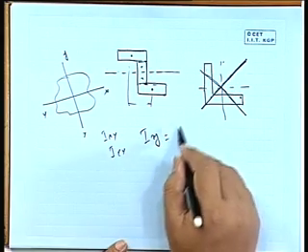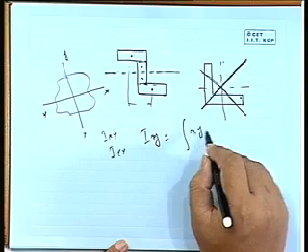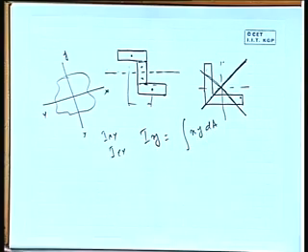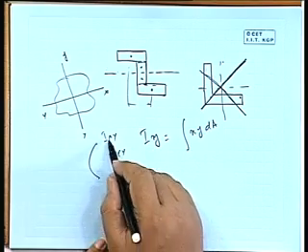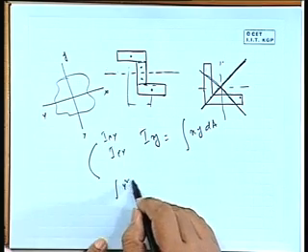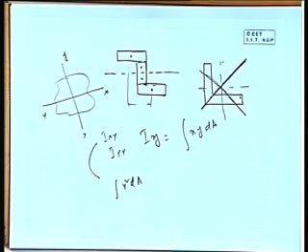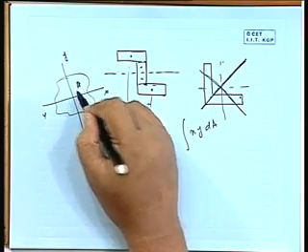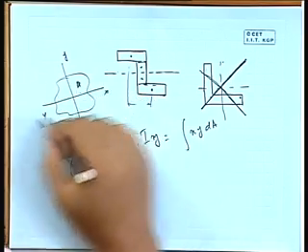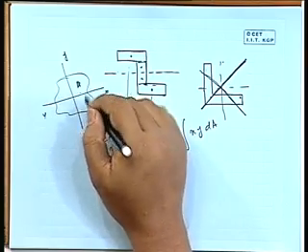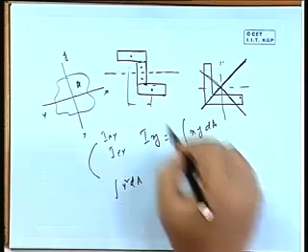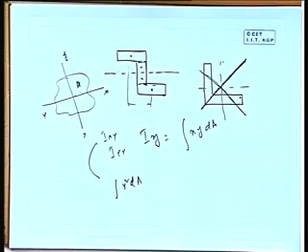Ixy is nothing but the integral of x into y into dA over the section, just like Ixx is the integral of y squared dA. If we take one element y squared dA and integrate, we get Ixx; x squared dA gives Iyy. If we take x into y into dA, it is sometimes called the product moment of inertia.